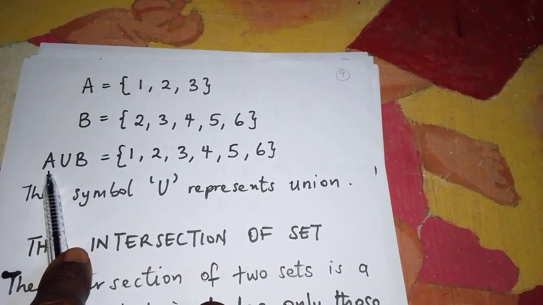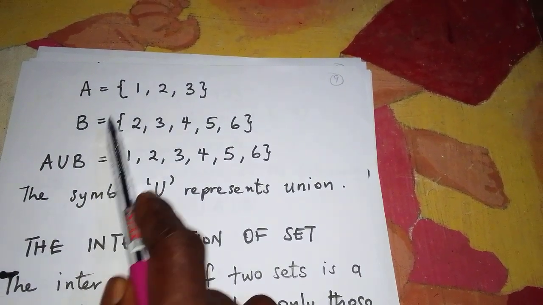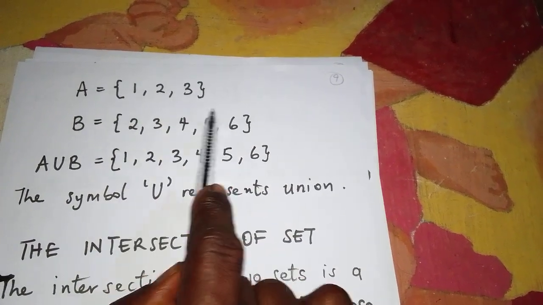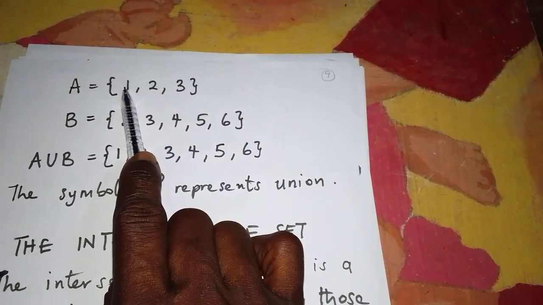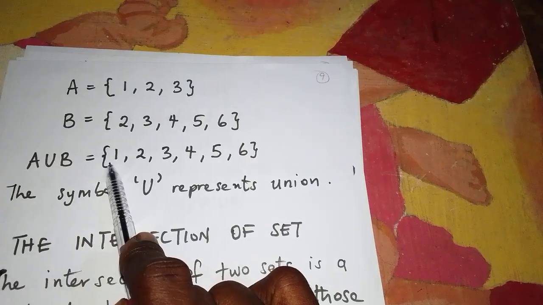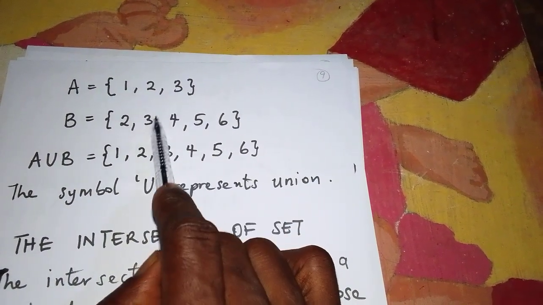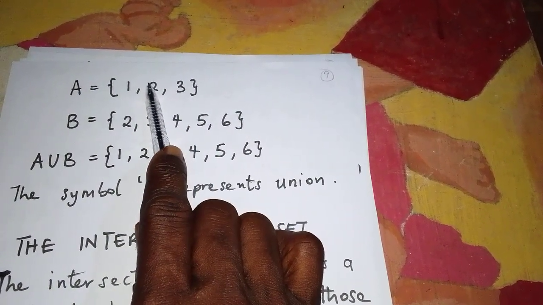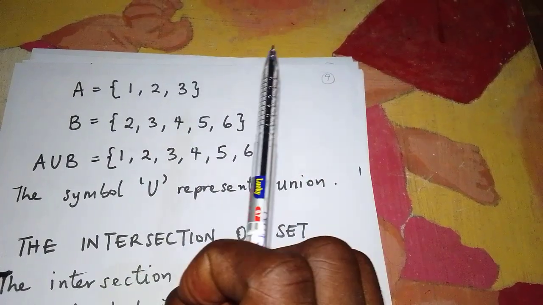So now A union B means that you combine set A and B together. When you marry the two sets together, all the elements in A and B are brought together.